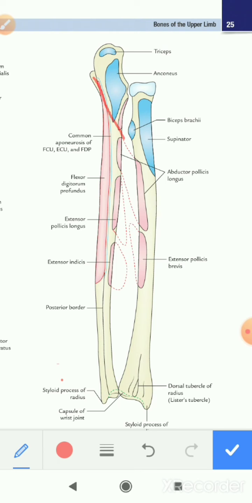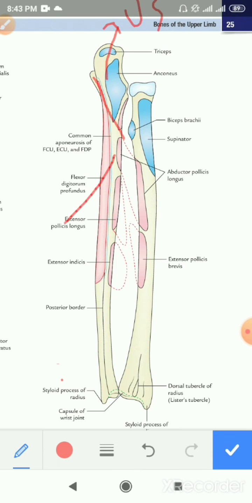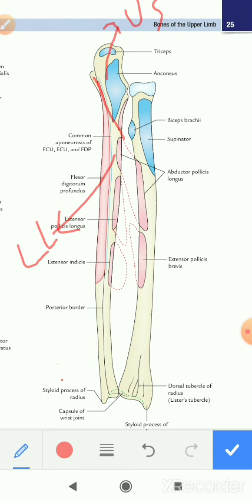In the upper smaller part there is attachment of the anconeus muscle. This part will be the upper smaller part and this part will be the lower larger part.